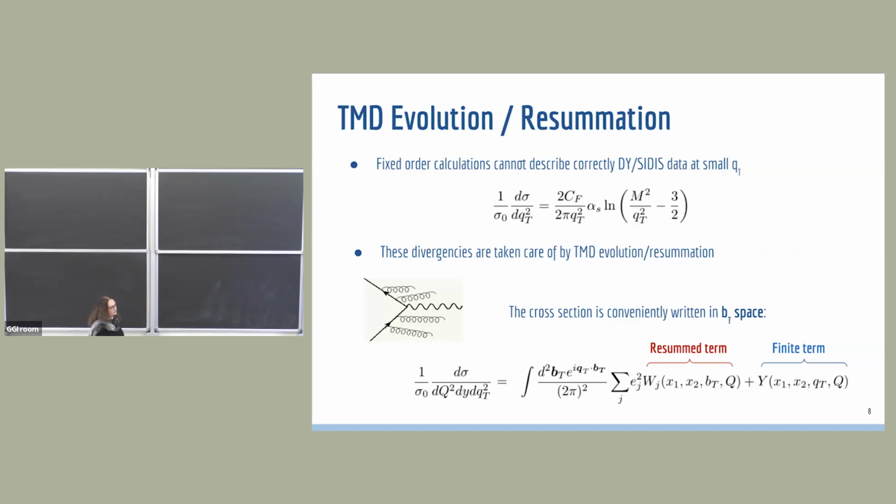And another term which is finite from the very beginning, which is called the Y term. And the Y term is important for the matching. So for matching the small QT region with the large QT region, which means matching non-perturbative to perturbative regimes of QCD.